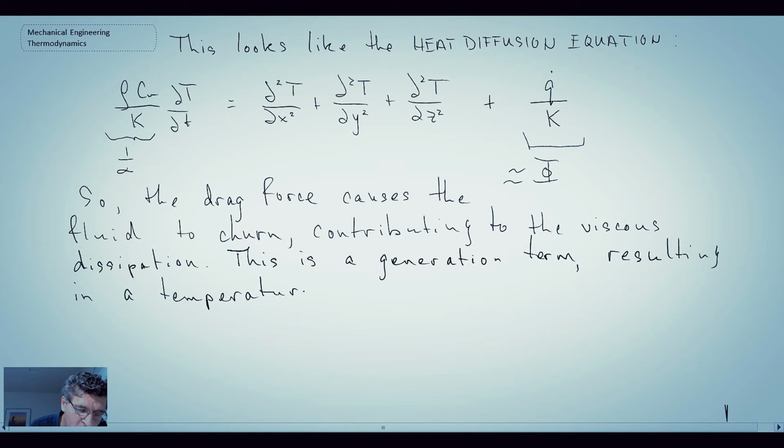And so where does that work go ultimately? It goes into random velocity fluctuations, which then through the viscous dissipation term are converted into velocity shear and thermal energy. And once it goes into thermal energy, it raises the temperature of the fluid.